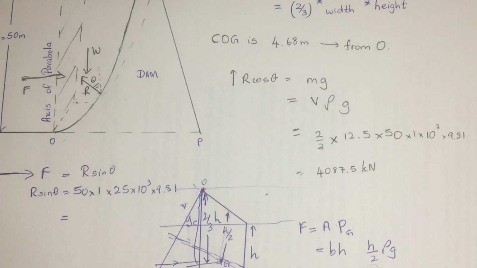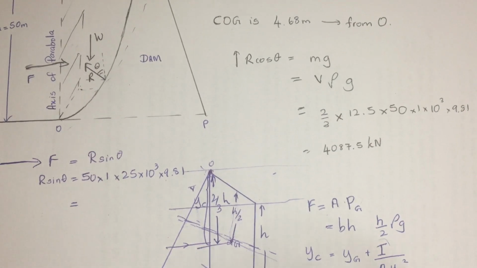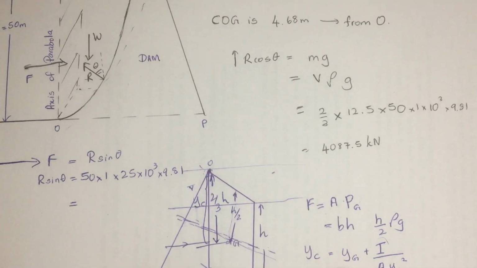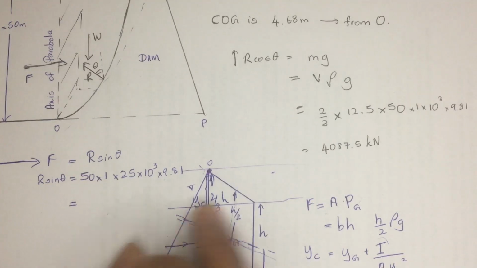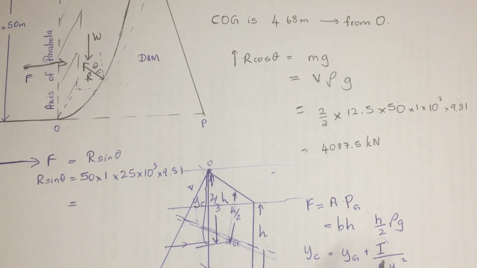You can directly use that for a rectangular area. If you have any other unknown shapes or areas, you need to use this equation, otherwise it will be difficult to find.